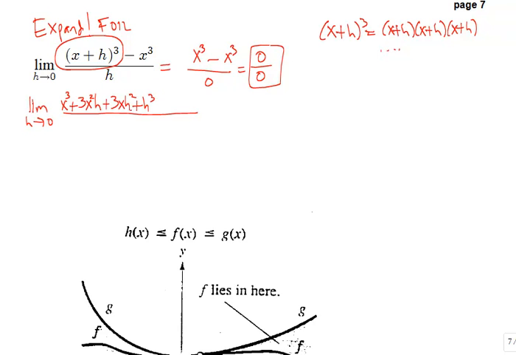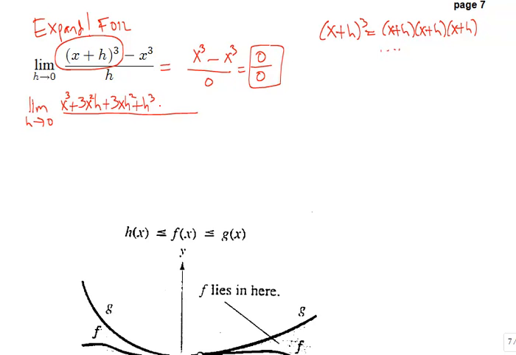To help you memorize the pattern, notice that the two middle terms have coefficients of 3's. The powers on the x's go down, 3, 2, 1, 0, and the powers on the h's go up, 0, 1, 2, 3. So that's kind of how I remember it.